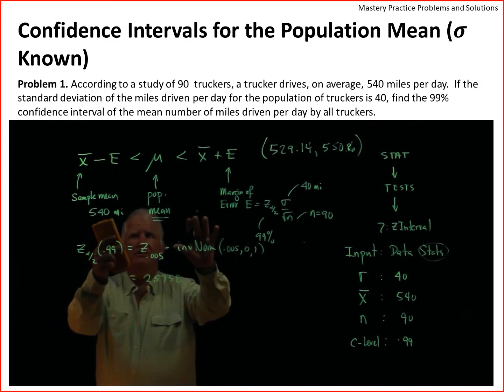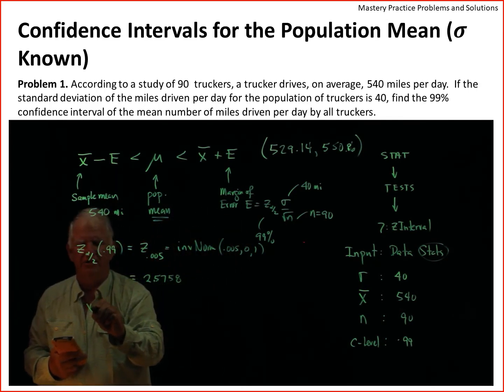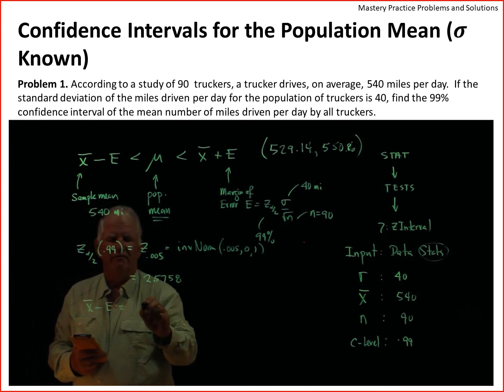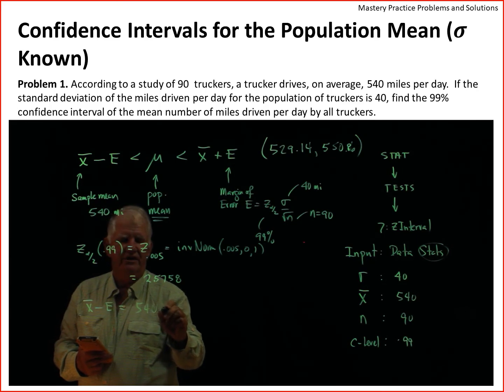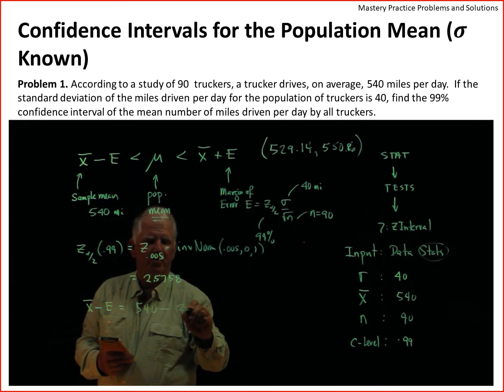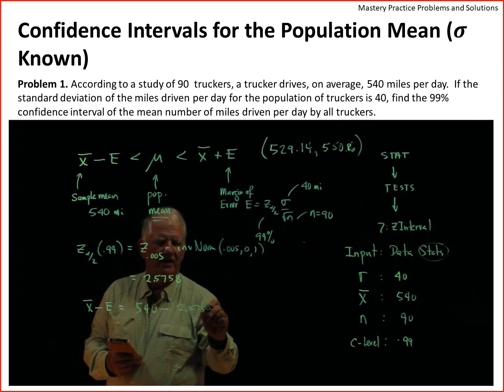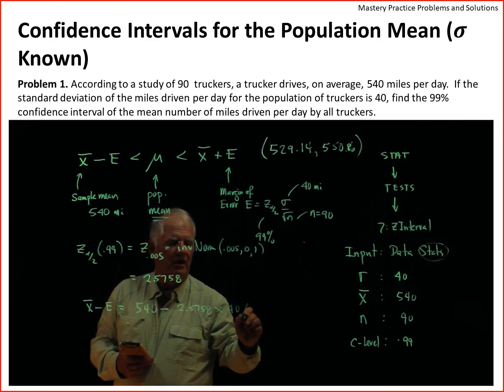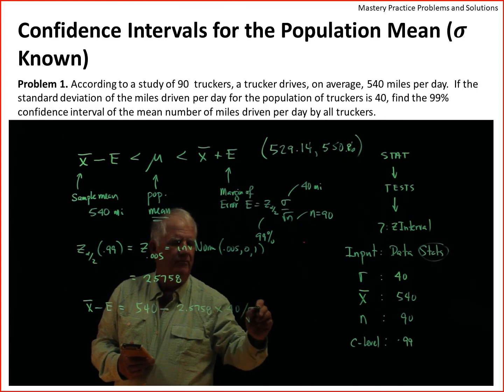Now I'm ready to set this up. x bar minus E is equal to, what's x bar? 540. What's E? It's equal to 2.5758 times sigma, which is 40, divided by the square root of 90.